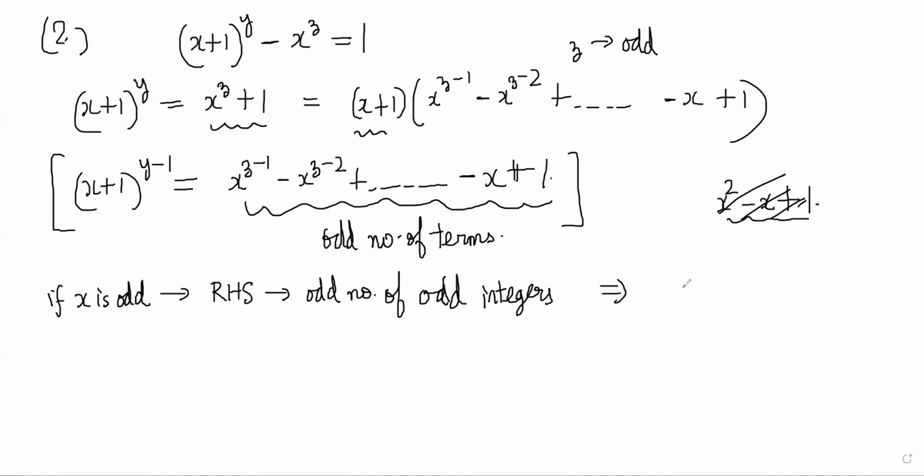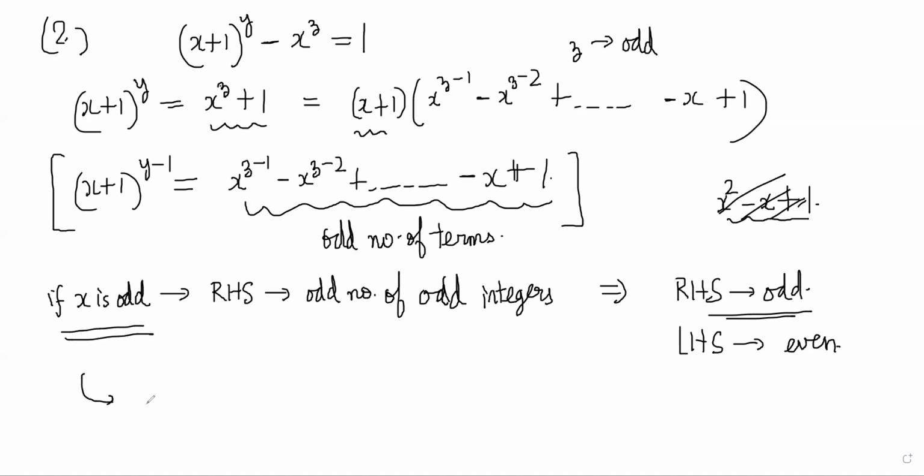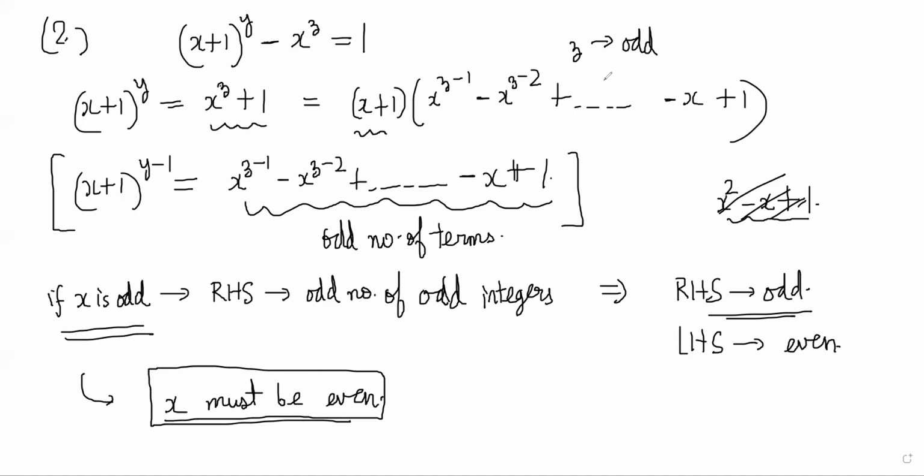So that implies that RHS will be odd in that case. However, LHS, if x is odd, x plus 1 is even, so LHS is even, which will be a contradiction. So x cannot be odd. Therefore, x must be even. So far what we have figured out is z is odd and x must be even, right?